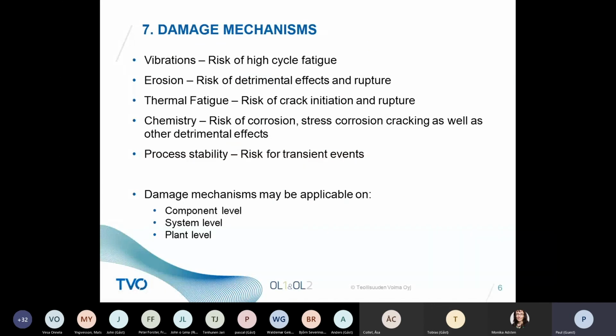So vibrations, that means we may get a risk for high cycle fatigue due to changed flow. The problem with flow obviously is that although the flow reduces, you may come into an area where some structural part has a resonance, or you can think about, for instance, a check valve.